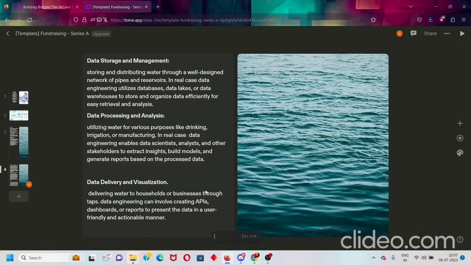At last, we have data delivery and visualization. This is done by taking the structured data, which businesses use for generating reports and dashboards to make decisions through those visualized data.